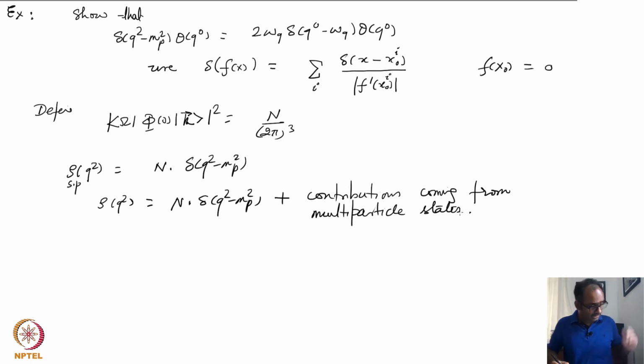Excellent. Now, let's look at the case where your field is an elementary field phi that appears in the Lagrangian. The structure is the same.